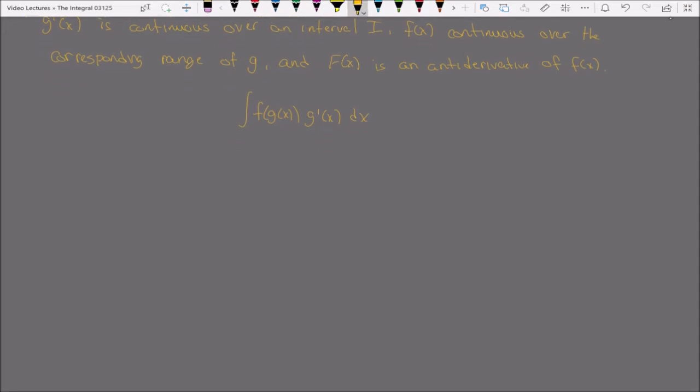So notice that if we take the derivative of big F of g of x, this is a chain rule. This would give us big F prime of g of x times g prime of x. But since big F is an antiderivative, big F prime is just little f.